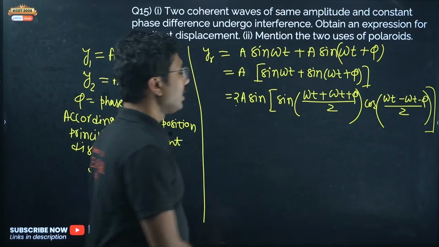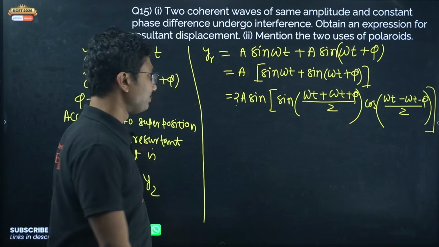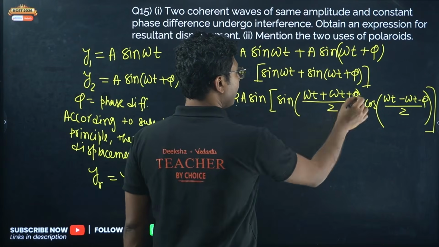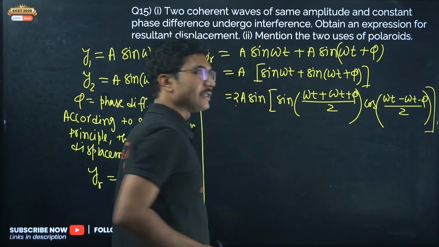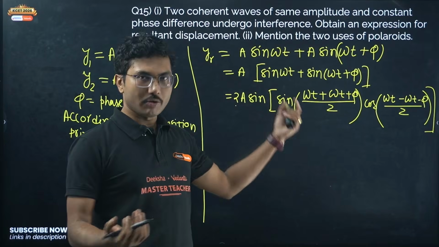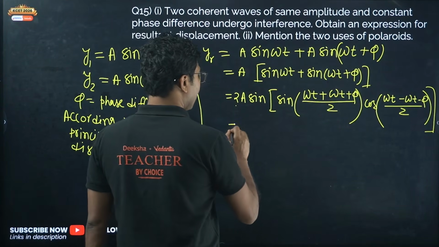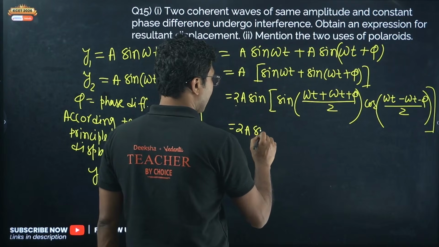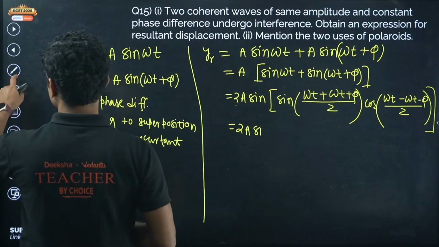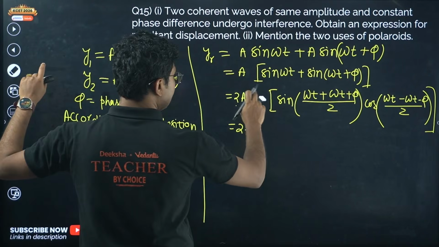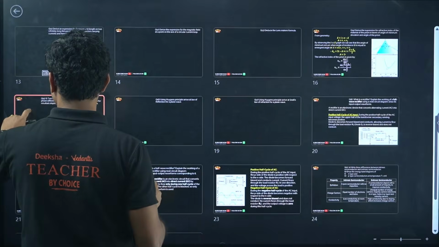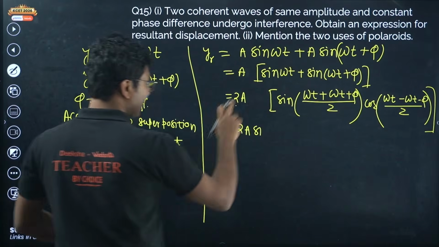So this is the expression for the resultant displacement. Now you can simplify this. Omega t plus omega t is 2 omega t, 2 omega t by 2 is obviously omega t, and we will be left with phi by 2. So we can write this as 2a sine, I made a mistake over here again, sorry for that, there is no sine over here, obviously we have substituted that.